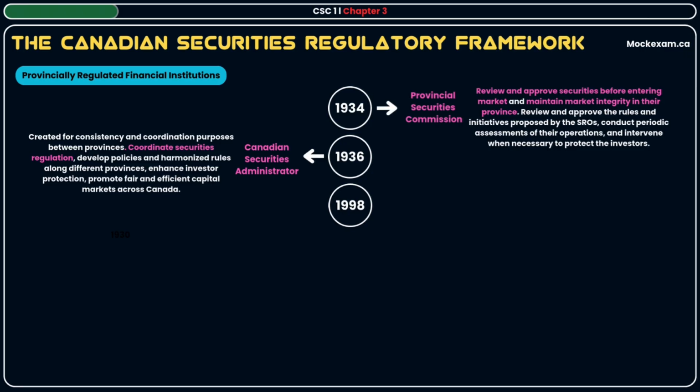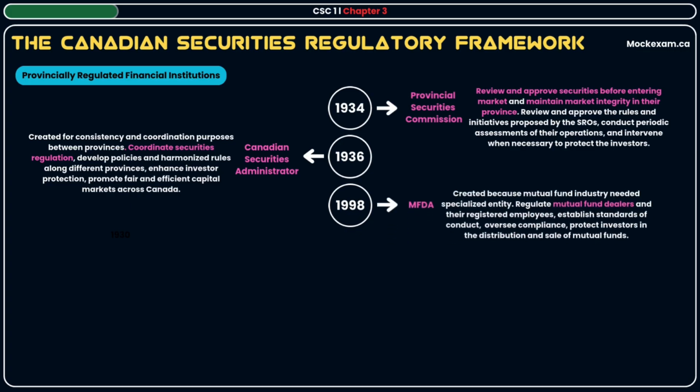So a new regulatory body was established. The name is MFDA, or Mutual Fund Dealers Association. MFDA is a Self-Regulatory Organization, or SRO. MFDA was created because the mutual fund industry needed a specialized entity, as the transaction volume of mutual funds in the 80s and 90s was a lot.